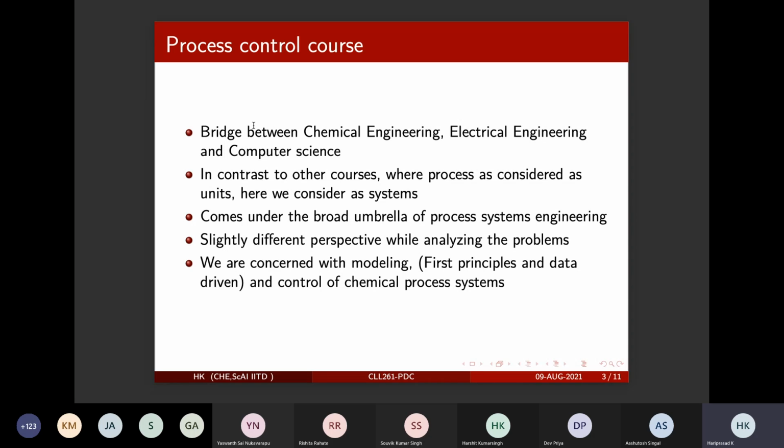So the chemical engineering aspect is that we are applying it to chemical industries, and the system level information is basically the inlet, outlet, and some of the governing laws that manage them. That is the process level abstraction that we would take. Then, of course, it goes into the other side of engineering.